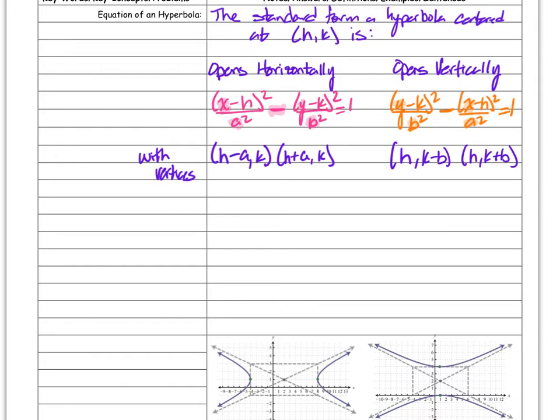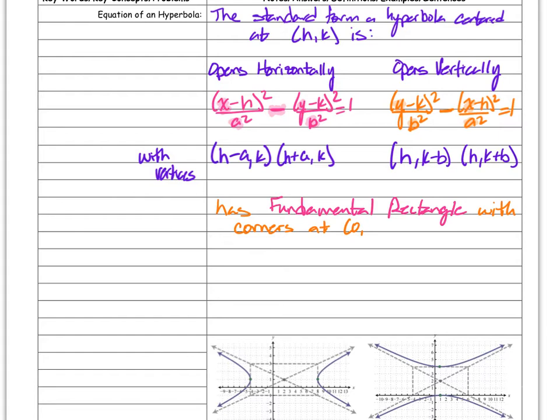The next thing we want to talk about is a hyperbola has a fundamental rectangle, with corners. I'm not sure I like this definition, but that's the one that was given, and so that's what I'm going to use.